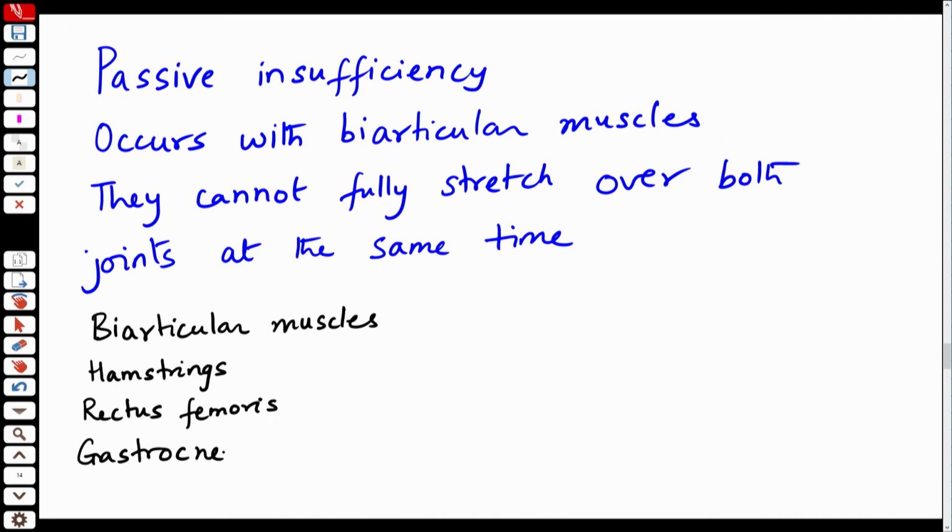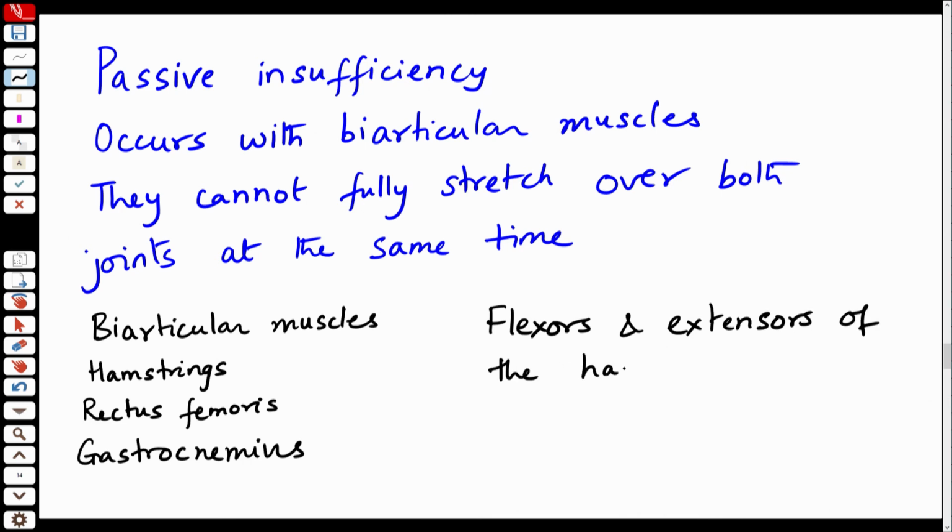The gastrocnemius crosses the knee and the ankle. And the flexors and extensors of the hand cross the wrist and several fingers.